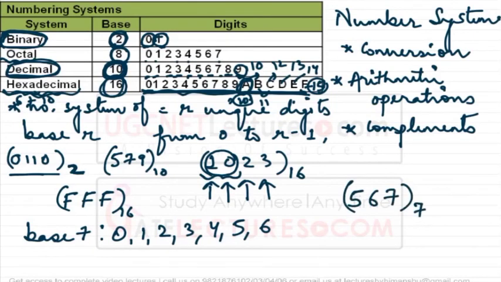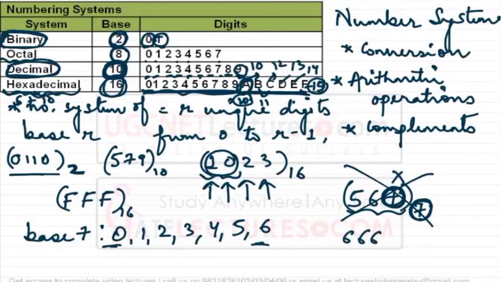Is it possible? This is a wrong representation. Why is it wrong? Because if a number is having base 7, the only digits possible in this number system are from 0 to 6. 7 is not possible. 7 cannot be present in this number system. So this is a wrong representation. The only possible representations in this number system are using the digits from 0 to 6. Largest possible 3-digit number would be 666.